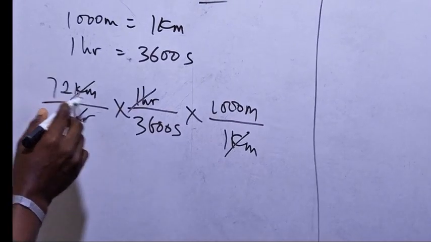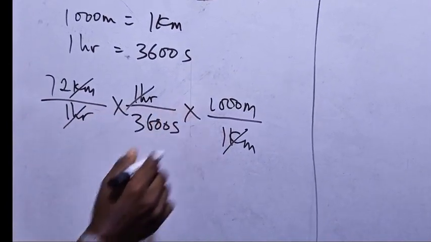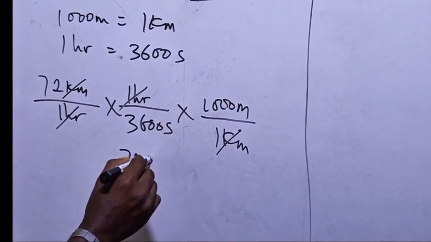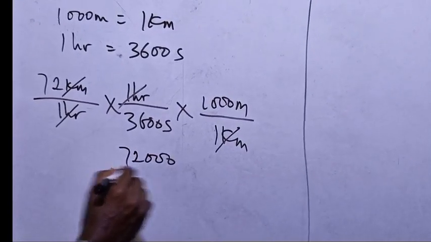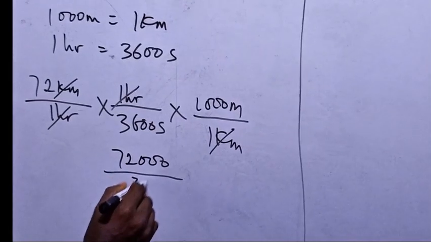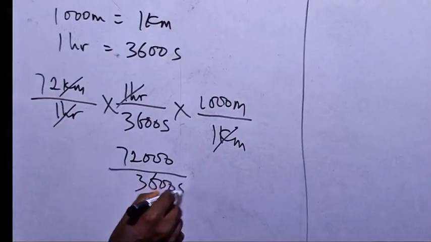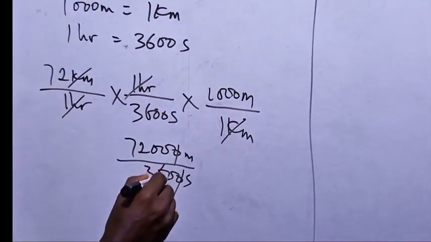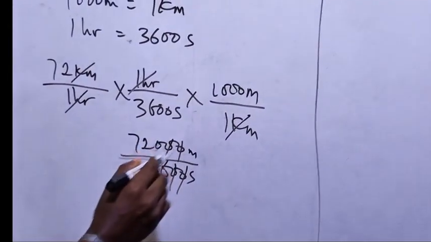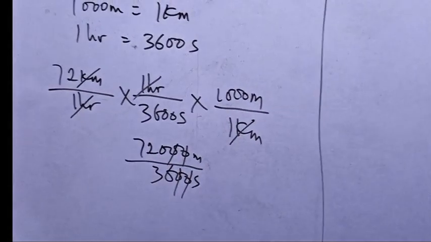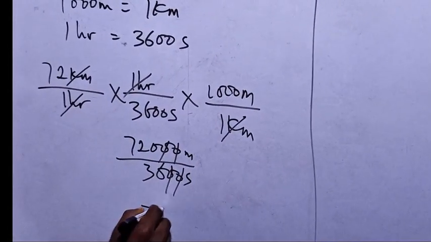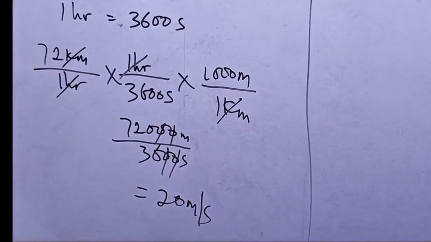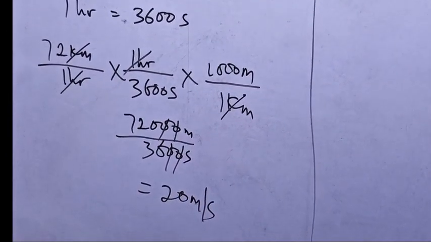If you multiply 72 by 1,000, you will have 72,000 over 3,600 seconds. 720 divided by 36, you will have 20 meter per second. Now this has been converted.